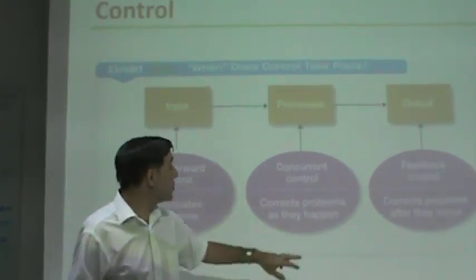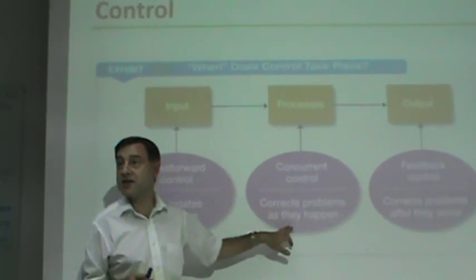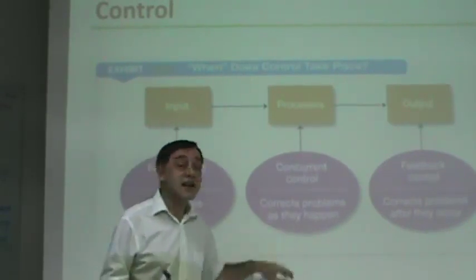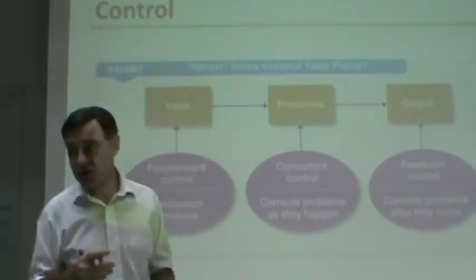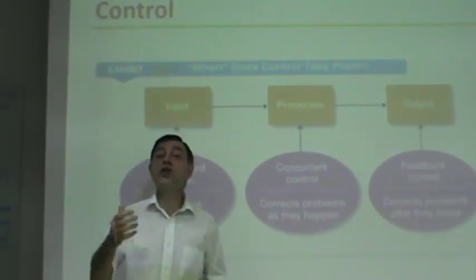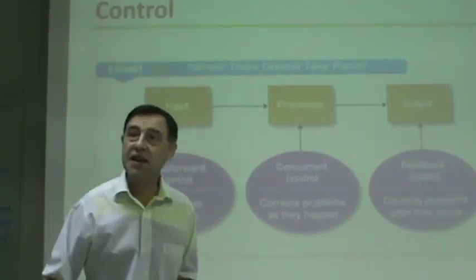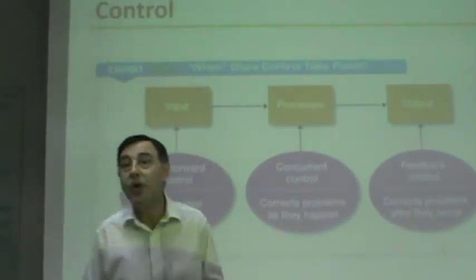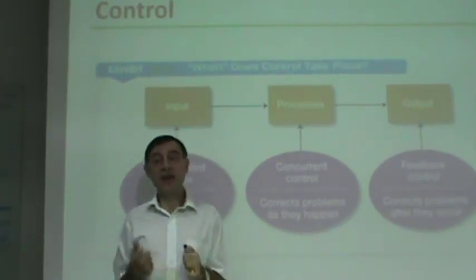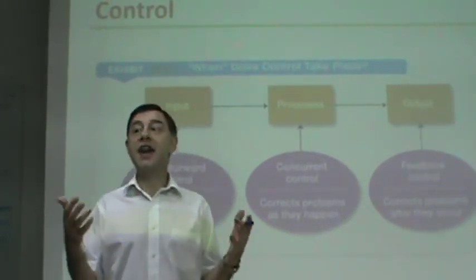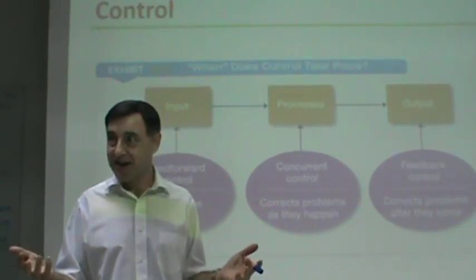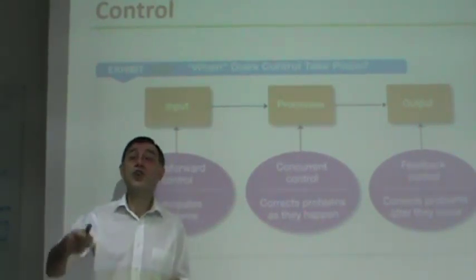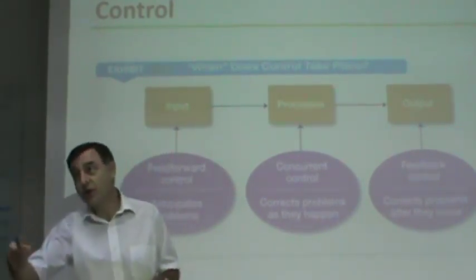Now, the concurrent control requires what's called direct supervision. In direct supervision, you actually watch and see what they do. And part of my job is not just to lecture you, okay, but also to watch who's doing what and who's playing.